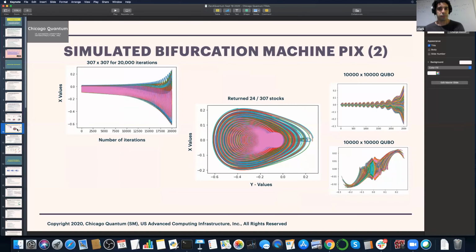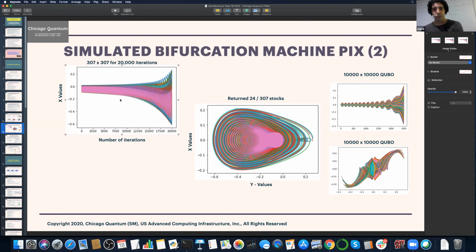307. So I was working with actual data of an electrical grid for about 5 years' worth. So these are not stocks exactly, but this is information. A lot of them are highly correlated, and you can see it picked 24 out of 307. So it really is trying to find this sort of minimum correlation.